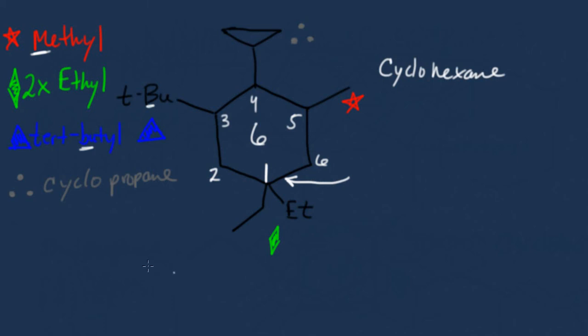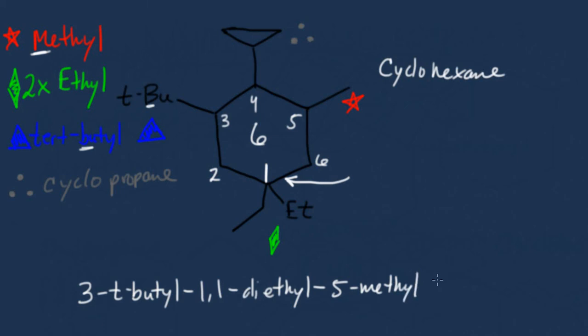So we'd give it the name 3-tert-butyl-1,1-diethyl, and then alphabetically what comes next is our methyl, which is on the 5 carbon, so 5-methyl, and then we have our cyclopropane on the 4, so 4-cyclopropyl, and then cyclohexane, and that goes right there.